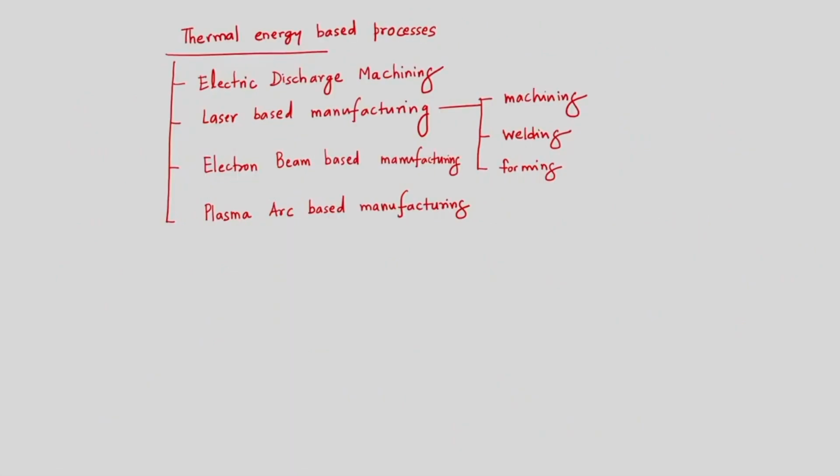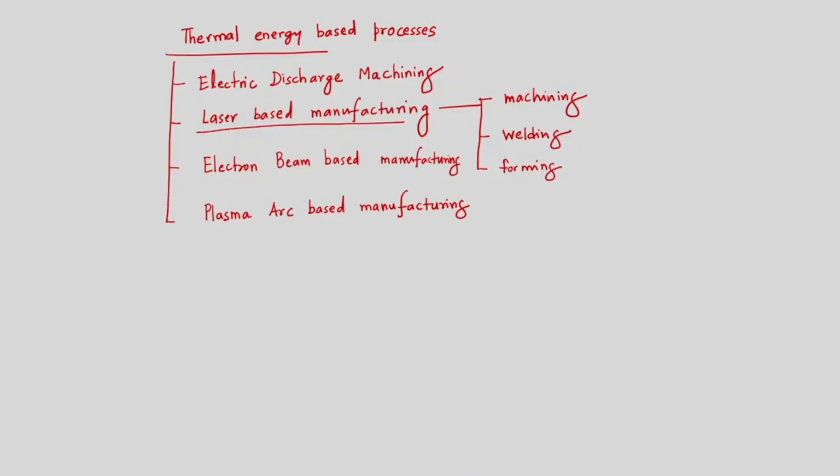Well, among all these thermal energy based processes, today laser beam based manufacturing is finding very prominent applications in the industry. The reasons are quite obvious. Lasers provide us a very high power density beam, and that beam size is very small.